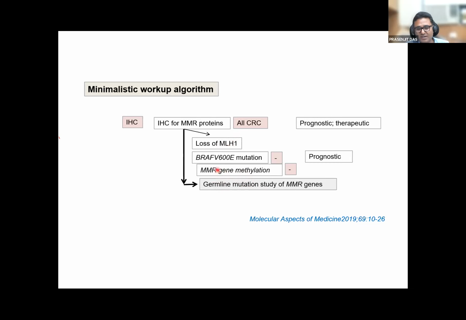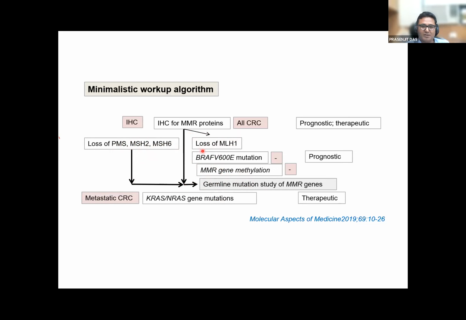Okay, so this is one scenario. However, there are other MMR proteins which also can be lost. If these are lost, you don't have to order all these intermediate steps, and you can directly order germline mutation. If there is loss of MSH2, then you can specifically ask for the germline mutation study of MSH2. So this is how your minimalistic workup should work.